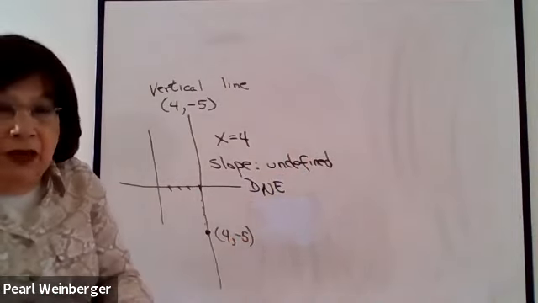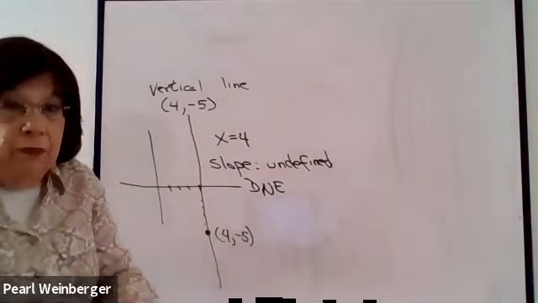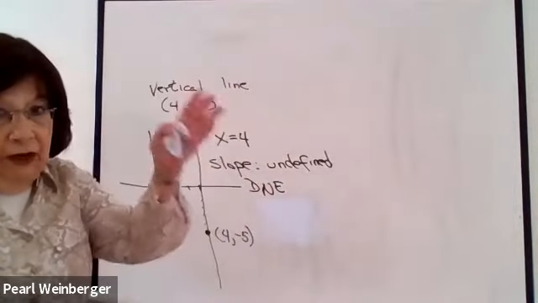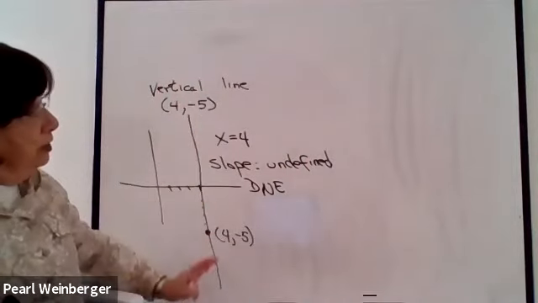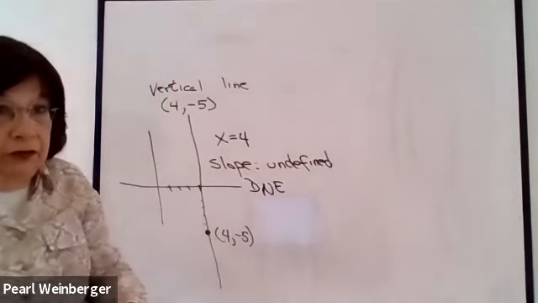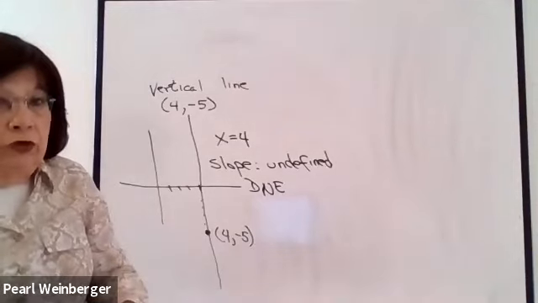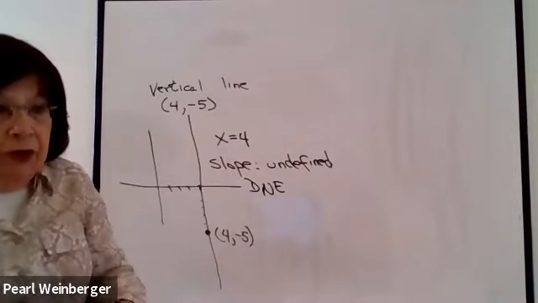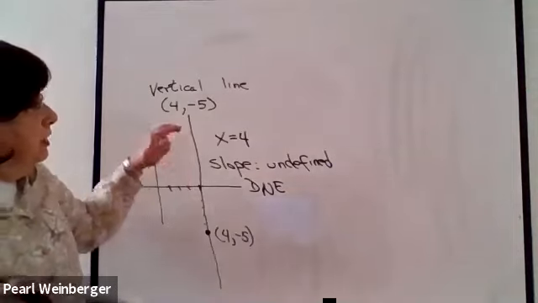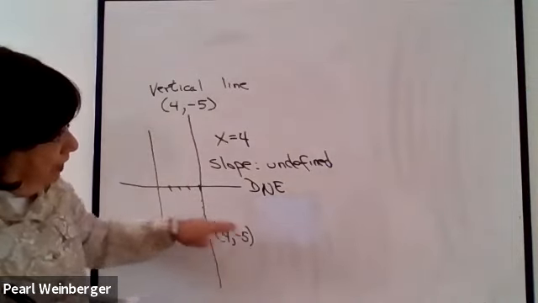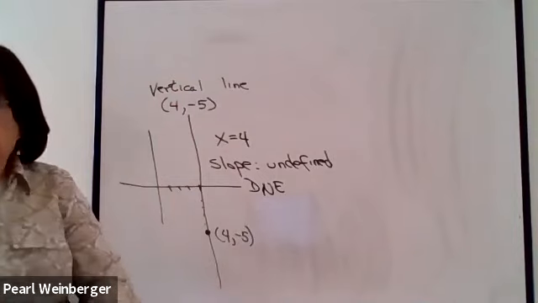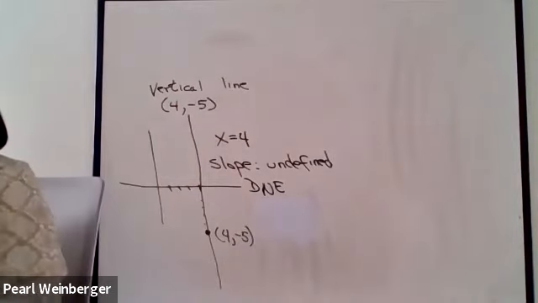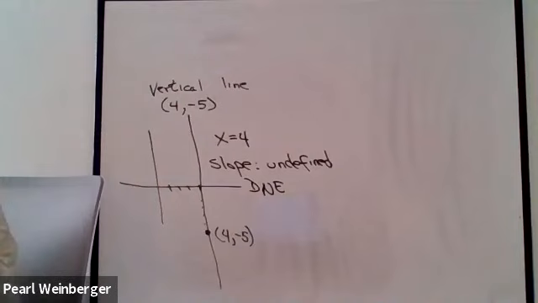It's the only type of line that doesn't have a slope. Lines that are straight up and down, vertical lines, lines that are perpendicular to the x-axis. Those are vertical lines, do not have any slope, and their equation is x equals whatever the x value of any point on that line is. Okay, just wanted to remind you of this. It was something we had talked about the other day.